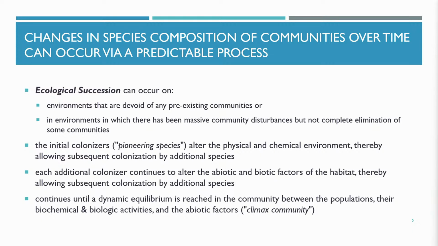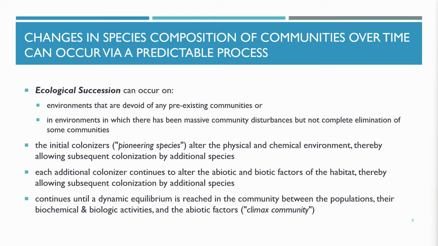And so ecological succession can occur either in an environment that is devoid of any pre-existing communities, so there's nothing there, or in environments where there's been a massive community disturbance, like the forest fire or the antibiotic use. But it doesn't always mean that they have to be completely eliminated in that community.